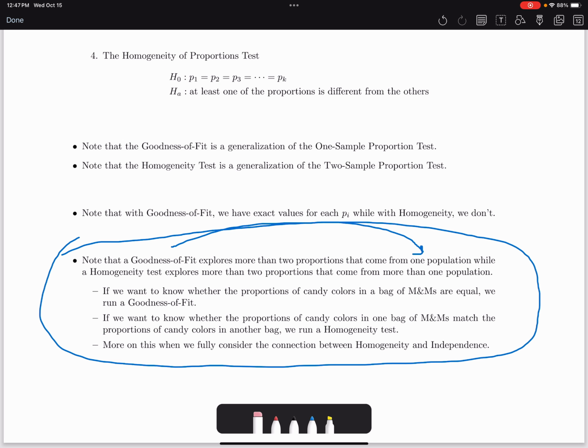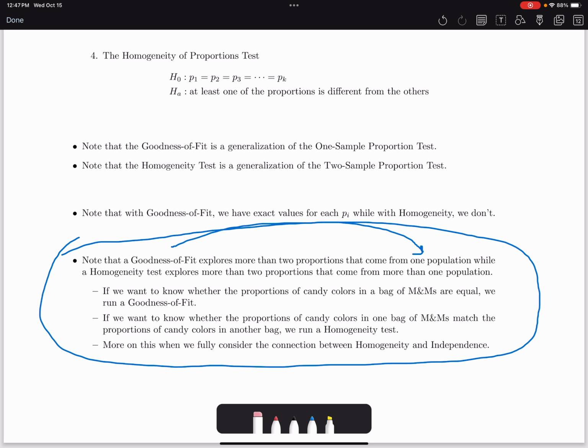So we would be testing 6 proportions, but they all come from one bag, one population. So we would run a goodness of fit there. But if we want to know whether the proportions of candy colors in one bag of M&Ms match the proportions of candy colors in another bag, that's when we would run a homogeneity test, because then we would have 2 separate bags, right? 2 separate populations.